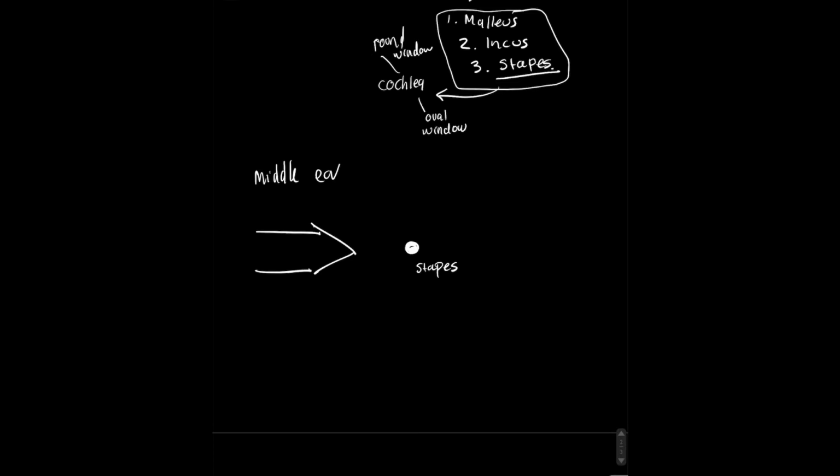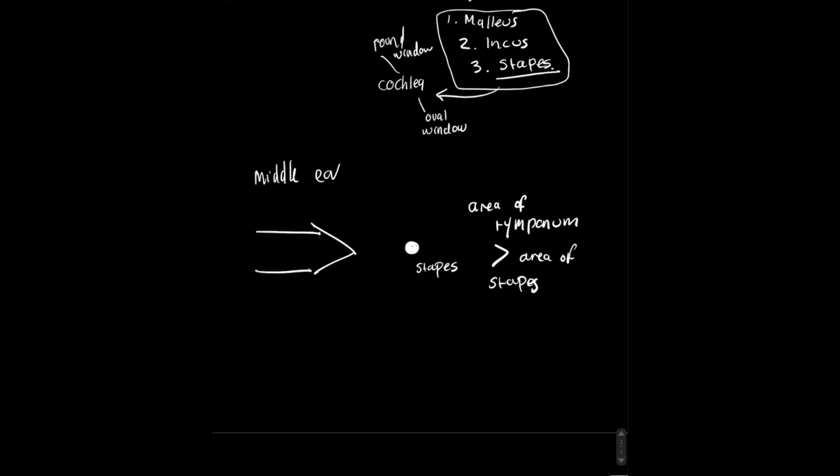Basically, that sound will get more and more powerful and the vibrations will get stronger because it's being pushed from a larger to a smaller area. That's really an important point to make, which is the area of the tympanum is much bigger than the area of the stapes.